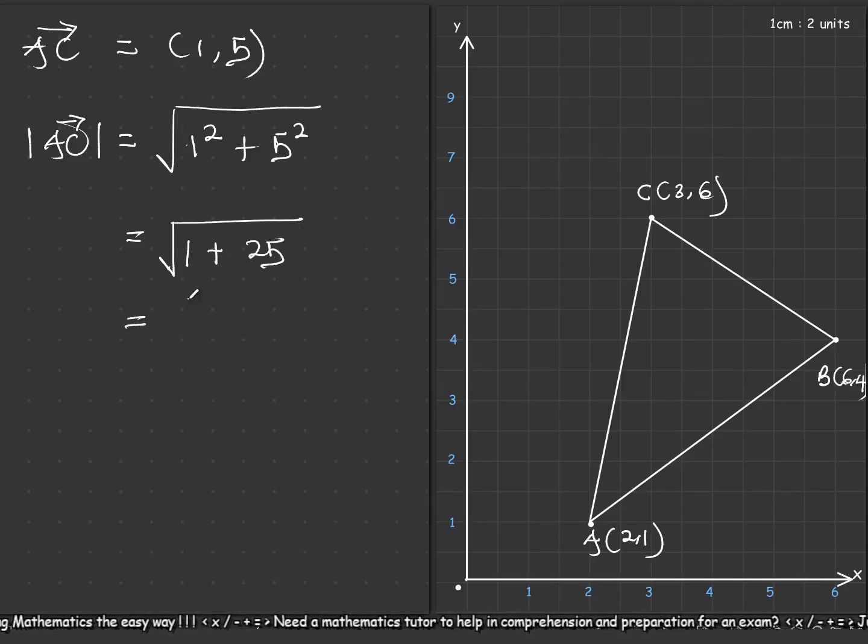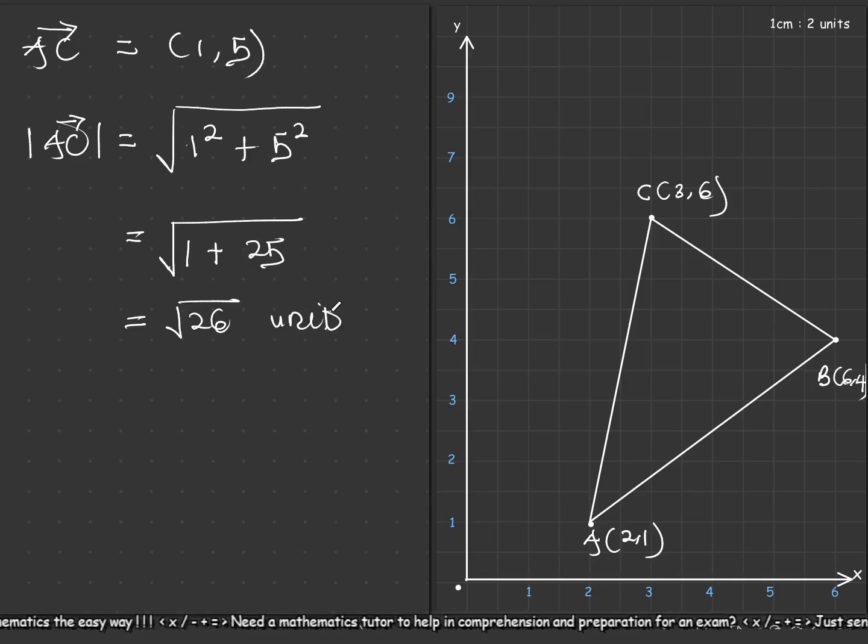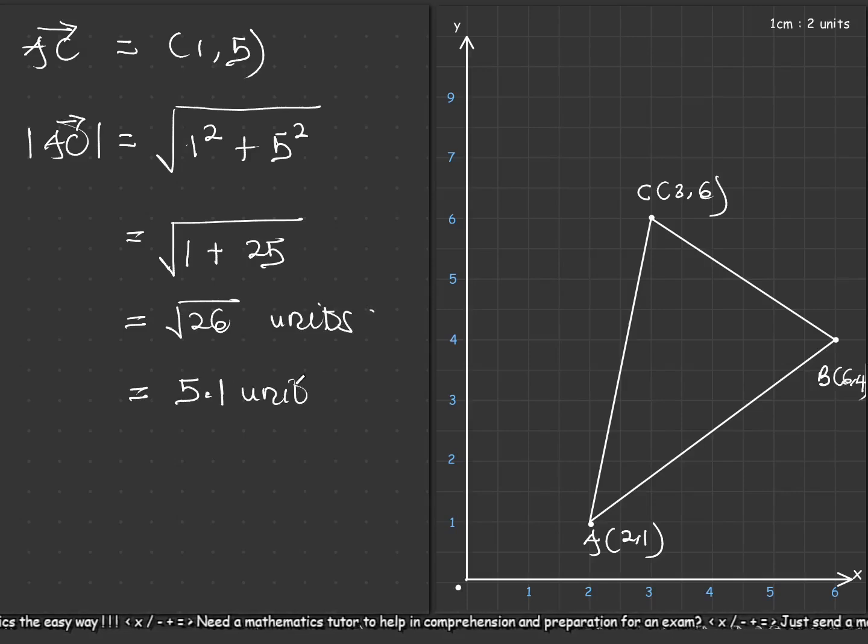So you now have 1 plus 25, which is the square root of 26. If you are not using a calculator, you can just write it as root 26 units. But if you have the calculator and you simplify further, you are going to get 5.1 units. And this is the magnitude of AC.